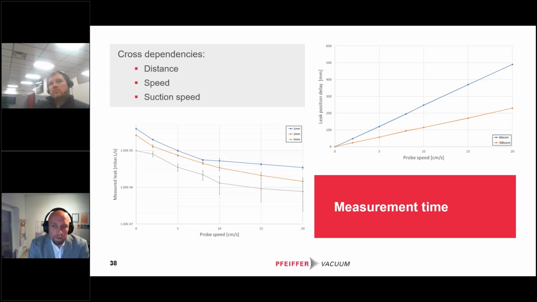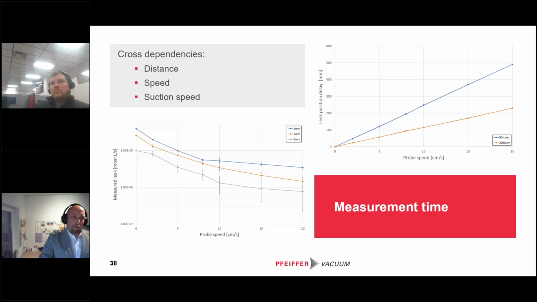But there is a drawback. So now I can think, well, I go with as high a suction speed as possible. But first, the background level will also increase in your system, or the regeneration time. When you face a very gross leak with your probe, so a very high leak rate, you will suck a lot of helium into your system, and depending on your device, it may cause you to miss the next potential leak when it is too near to the last leak, because your device has not regenerated fast enough.